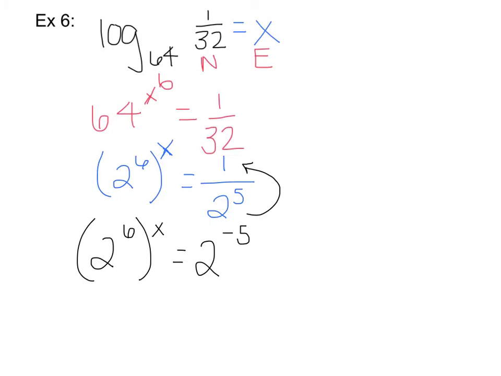When you multiply 6 and x together, that's going to make this go away, and you just have 6x. Since the bases are the same now, the bases can cancel out, and you get 6x equals negative 5. Divide by 6, and your answer is negative 5/6.